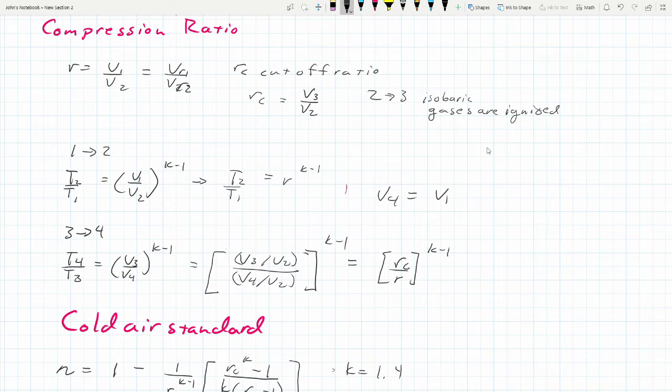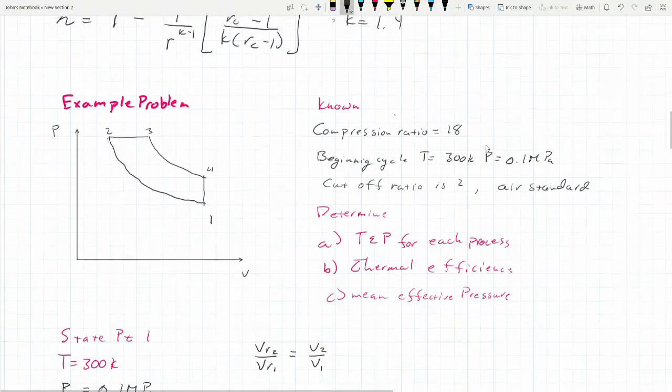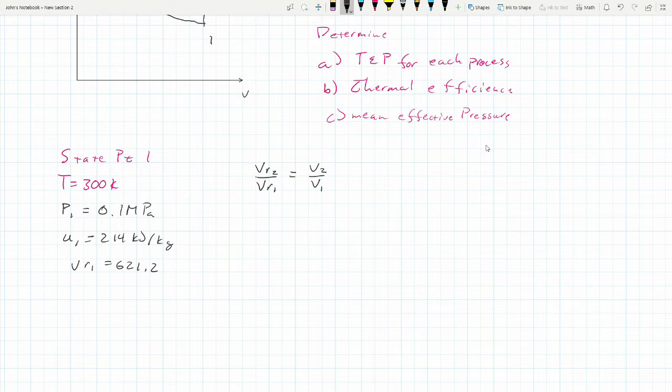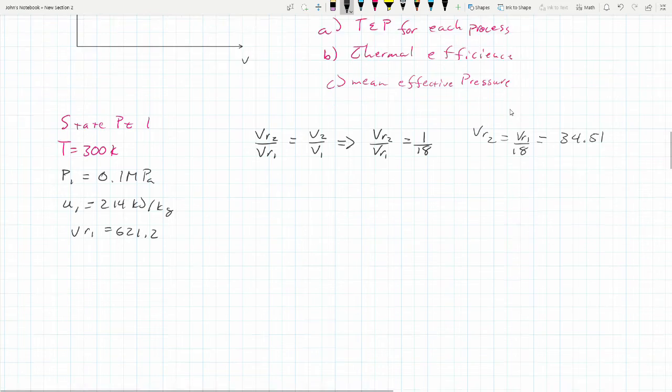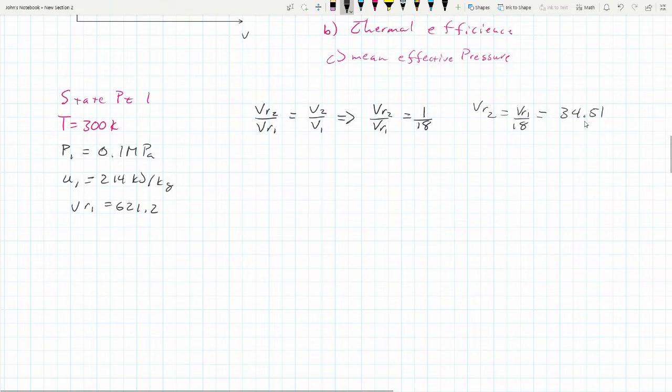So VR2 is equal to VR1 over 18, which is equal to 34.51. So we go to the table and look in the VR column for 34.51.